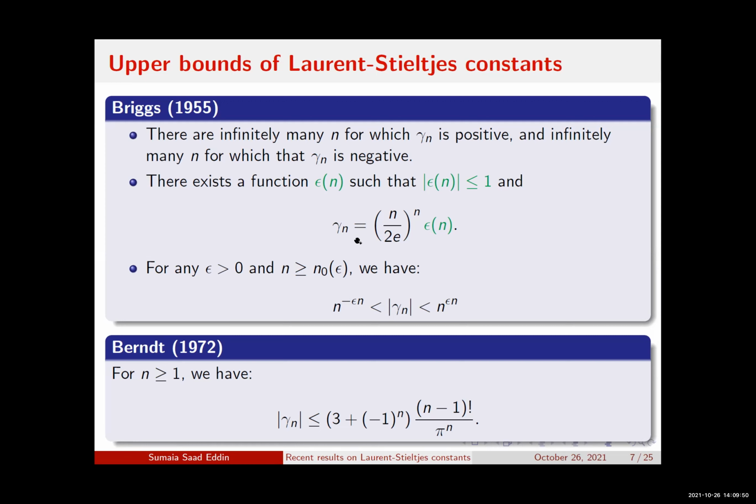In the same paper, he studied the sign of gamma n, and he proved that there are infinitely many n for which gamma n is positive and infinitely many n for which gamma n is negative. Later, in 1972, Bernard gave an improvement of Brinks' result. Here it is.